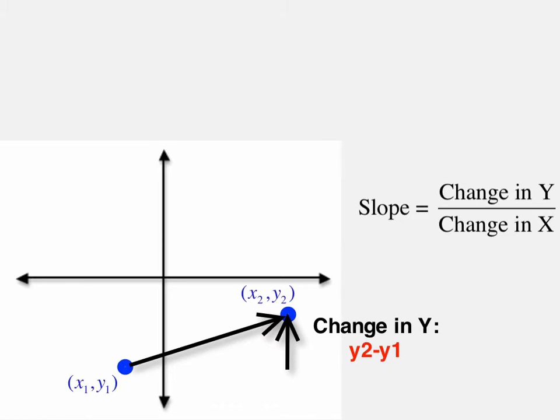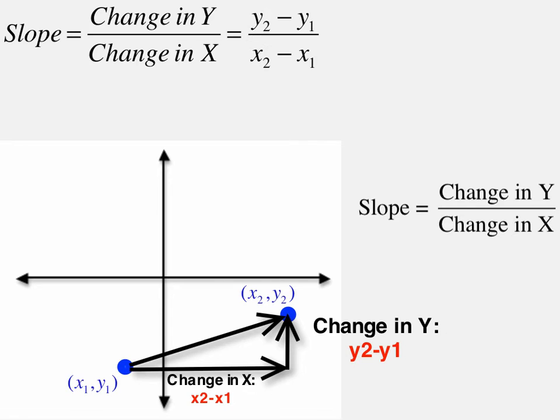All right, if we want to find the change in our x coordinates, that's just going to be x2 minus x1. Of course, the exact same strategy we've been doing all along. That means if we want to find the slope of the line containing these 2 points, the slope will be the change in y over the change in x, or y2 minus y1 over x2 minus x1.